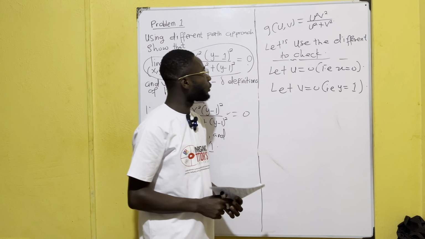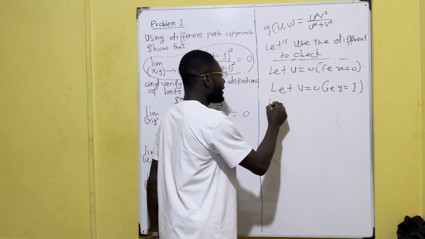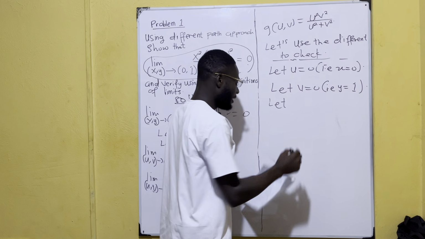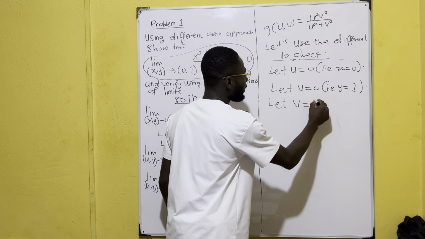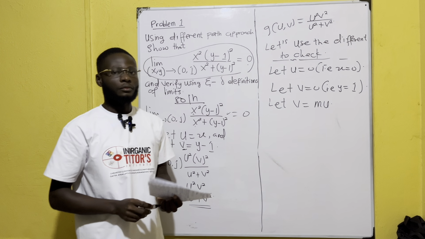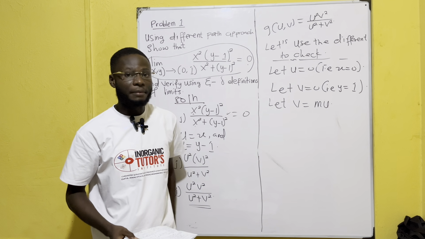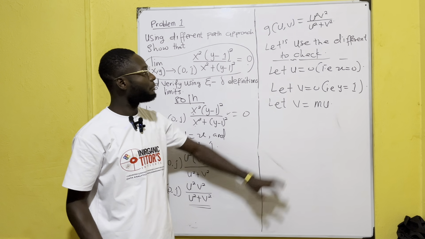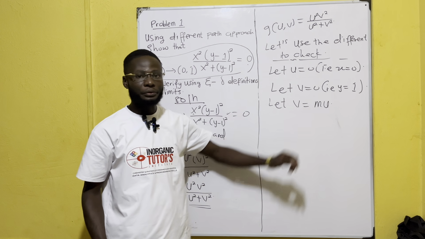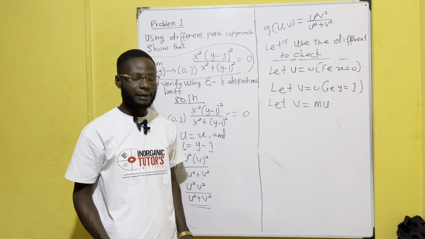All right, so once we have that, then let v equal mu. We are representing v by mu. That is a different part approach, right?